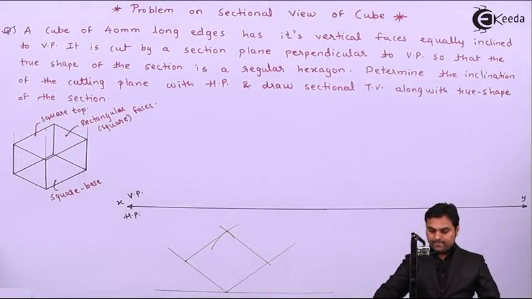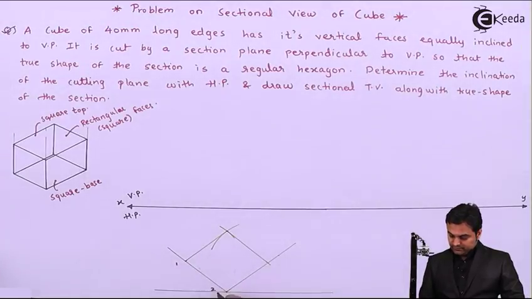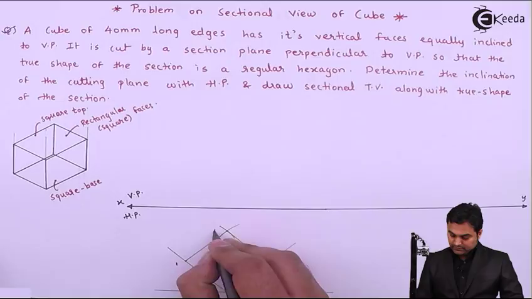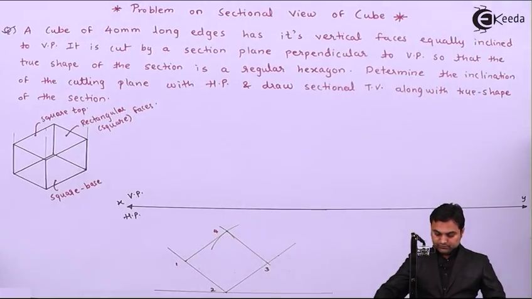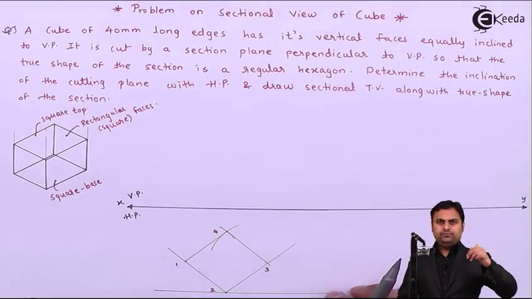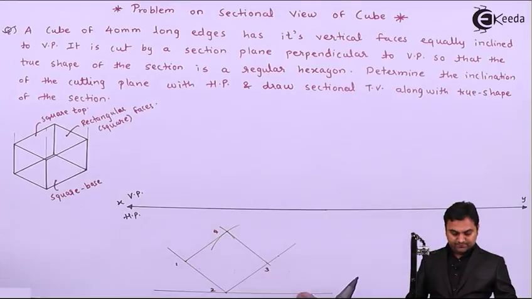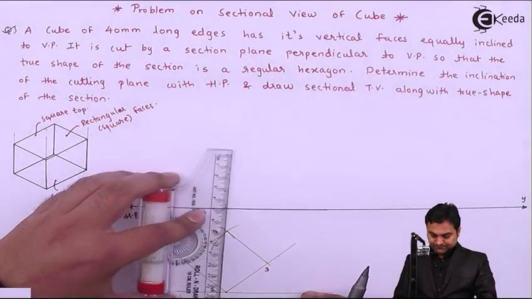So here we have points 1, 2, 3 and 4. So this is the cube in which the square top is visible from the top view, and the square top and square bottom both will be on the same square.